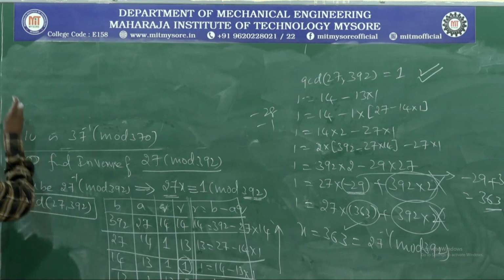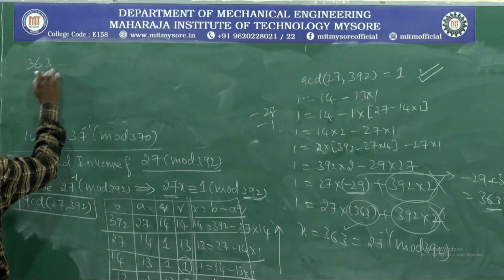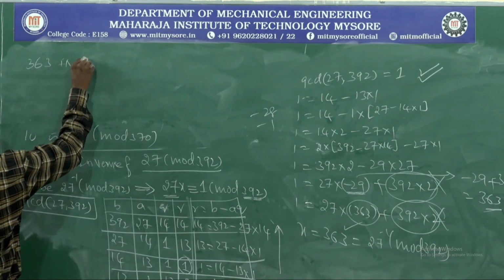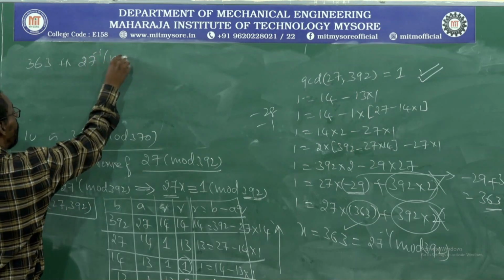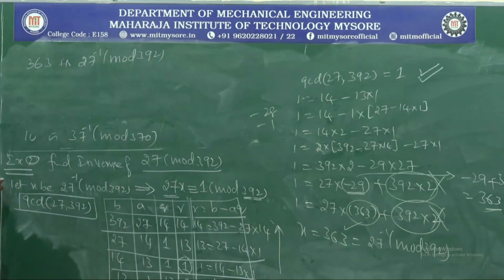So what is your inverse now? 363 is the 27 inverse under modulo 392. I want to cross check.